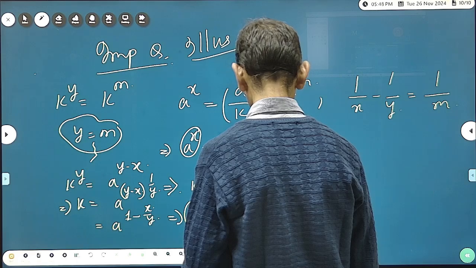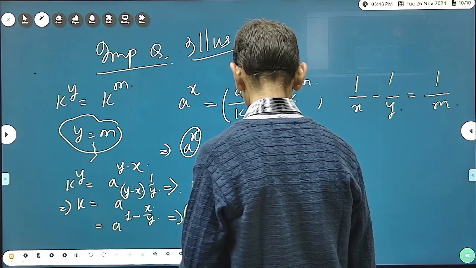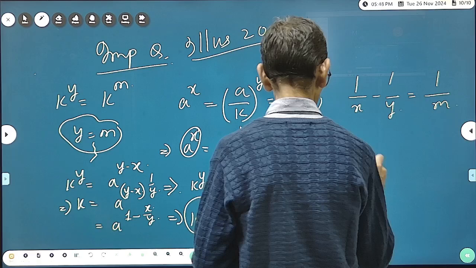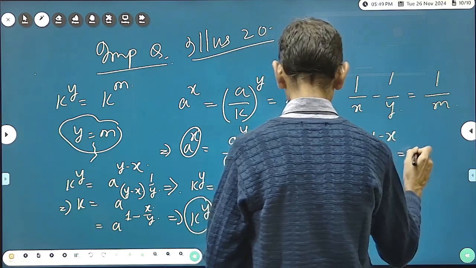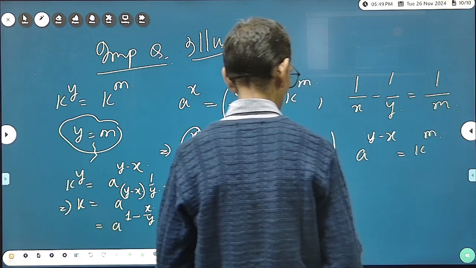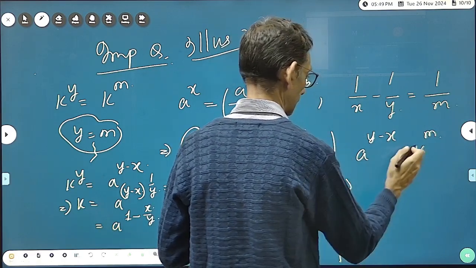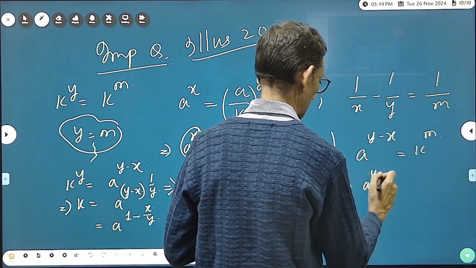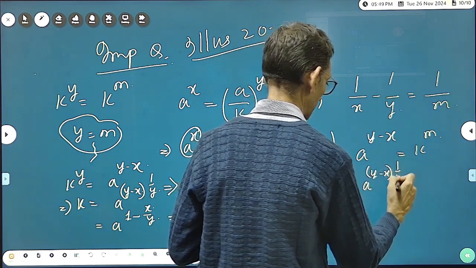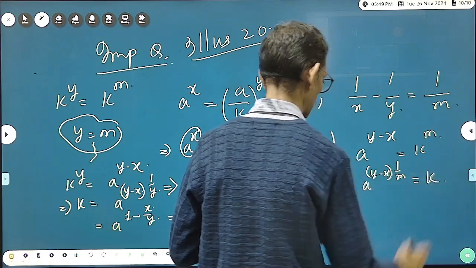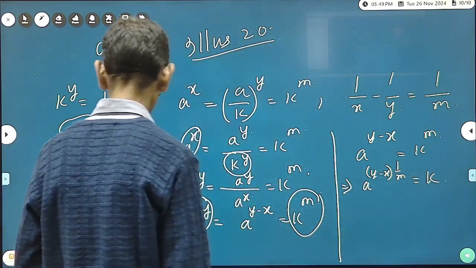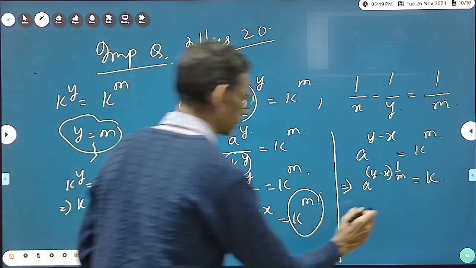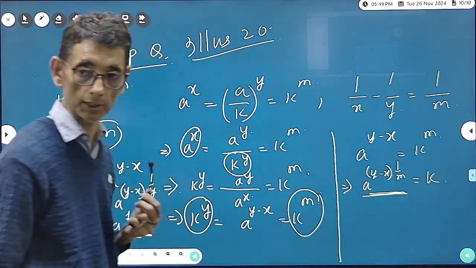Okay now, look at this: a to the power y minus x is equal to k to the power m. Now I can replace, so a to the power y minus x whole to the power 1 by m can I write is equal to k. Then we have one k value and another k value, right? Both are the same.